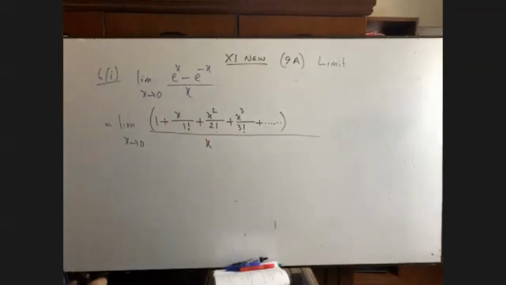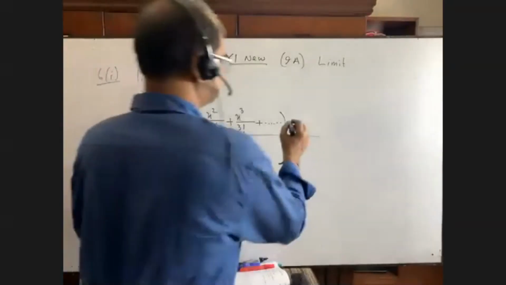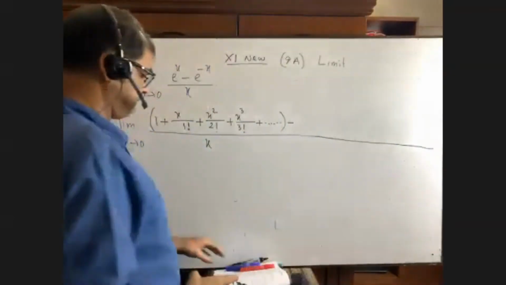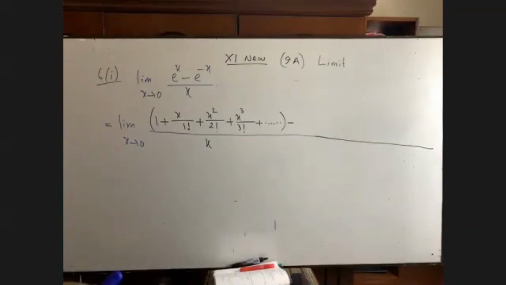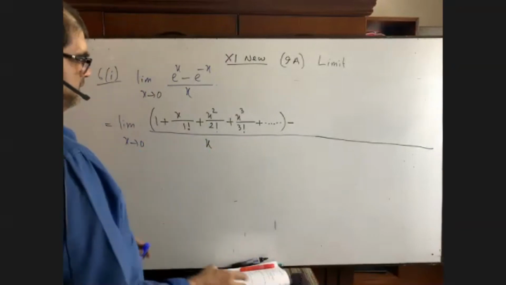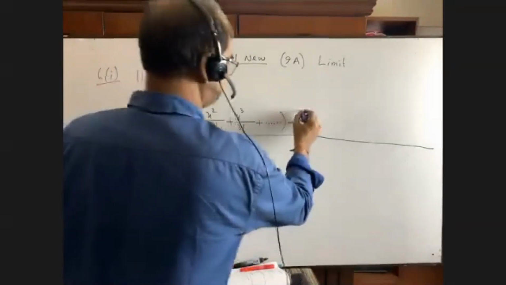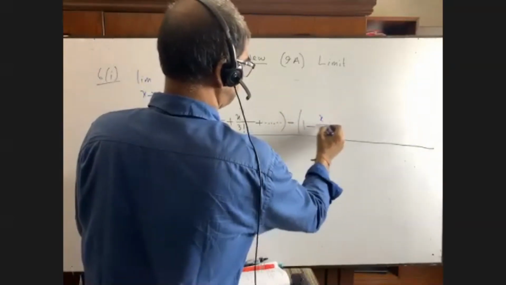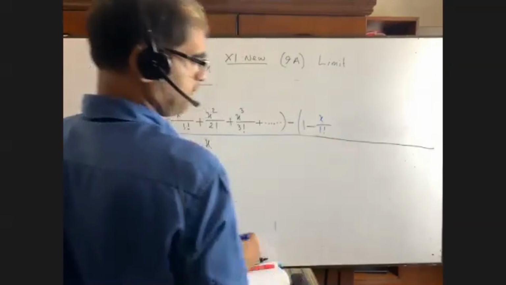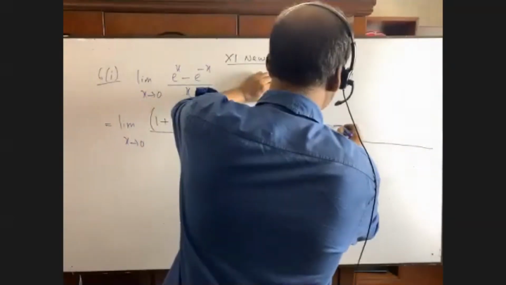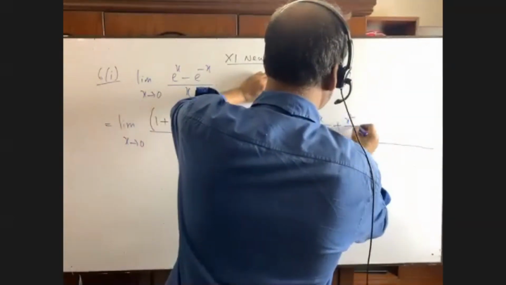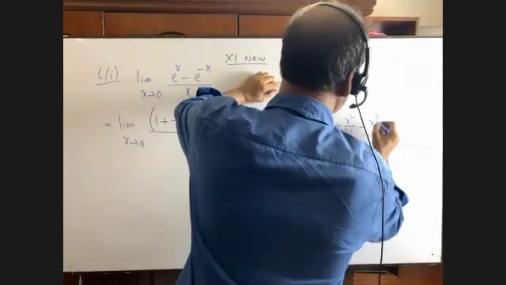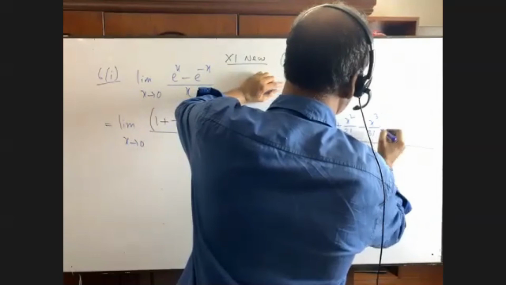Now, can you please tell me what is e to the power minus x? What is e to the power minus x? Who can? 1 minus x by 1 factorial plus x square by 2 factorial minus x cube by 3 factorial plus.